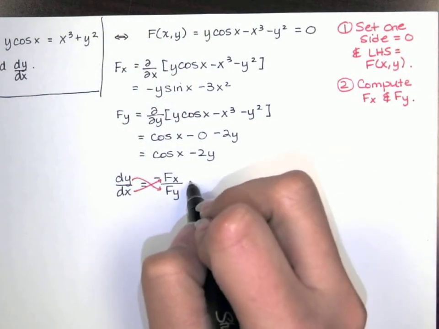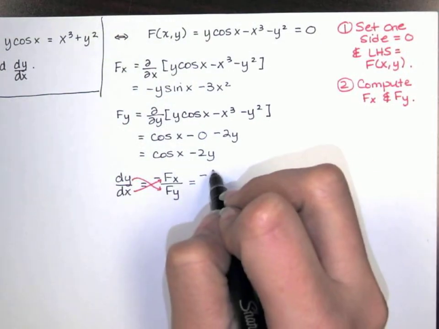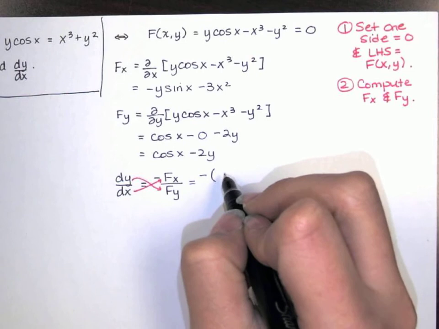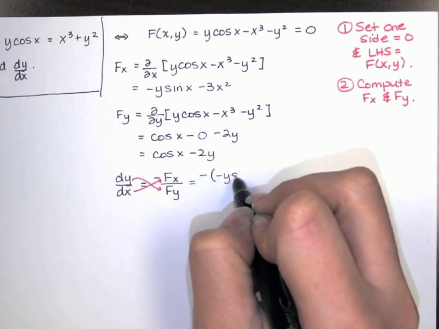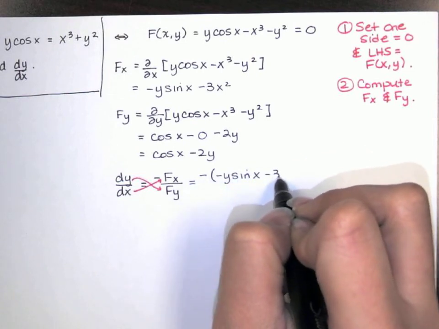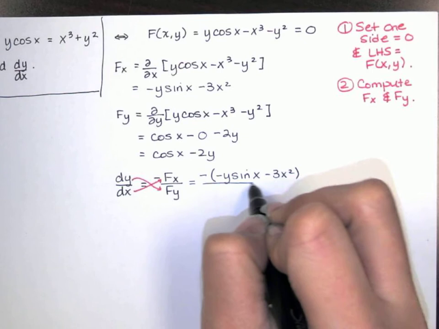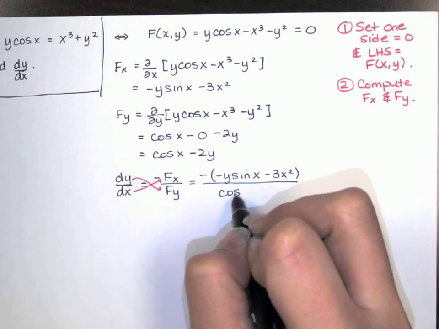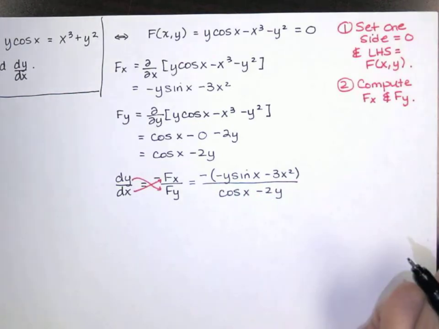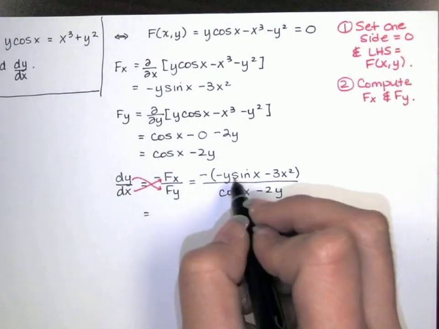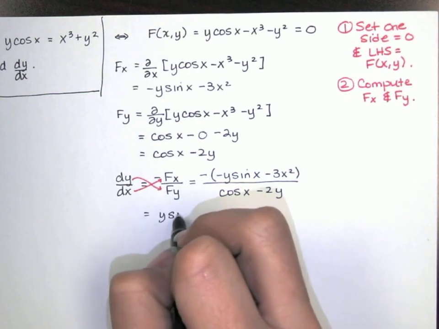All right, so now let's substitute in all the pieces. I need to substitute in the partial of f with respect to x, and the partial of f with respect to y. Distribute the negative.